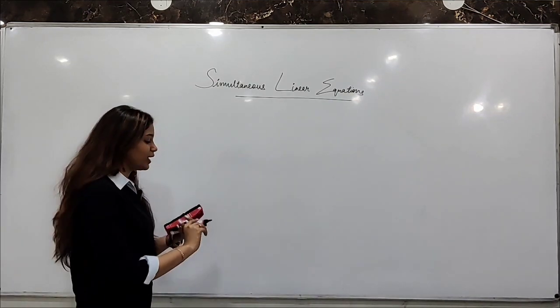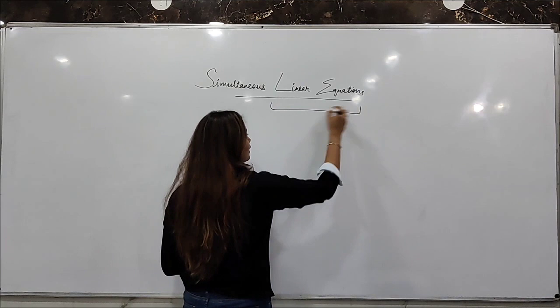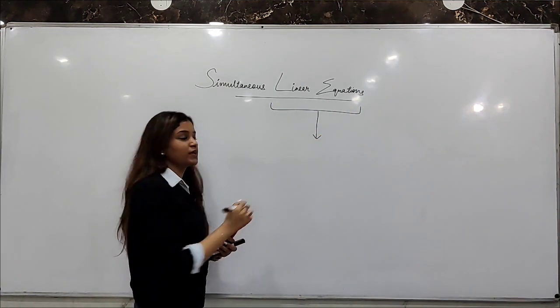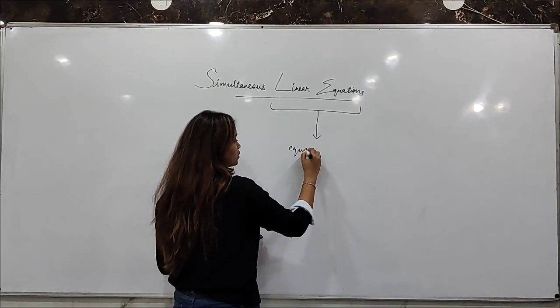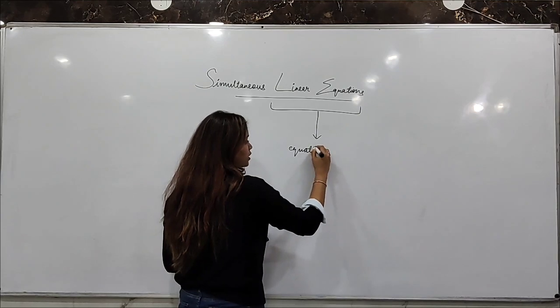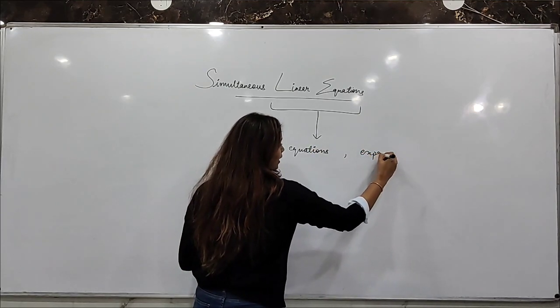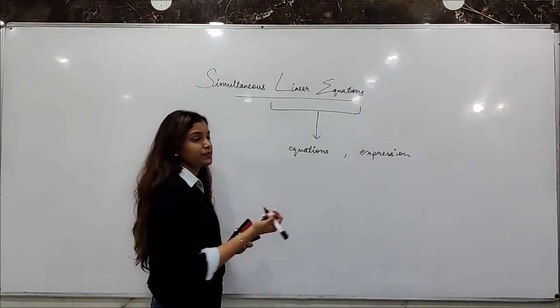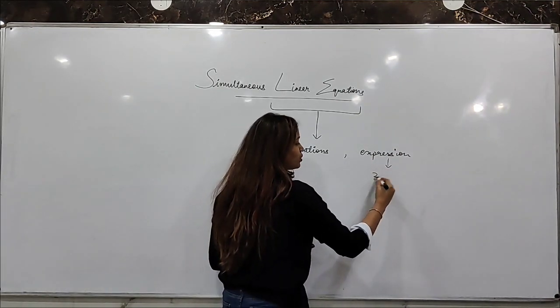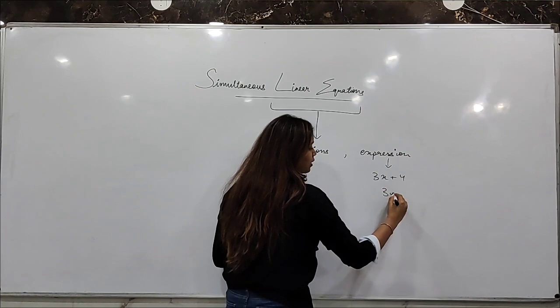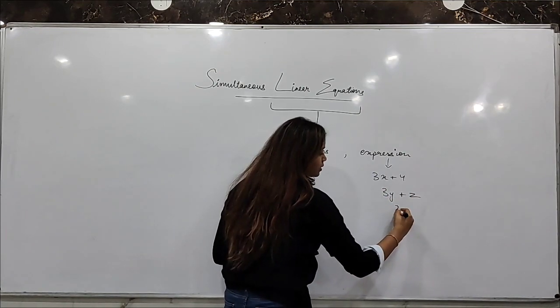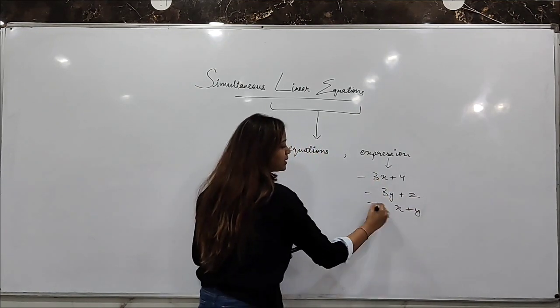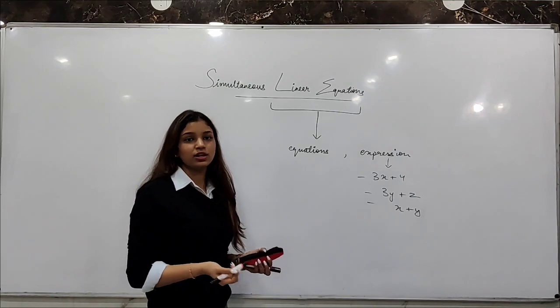Starting with what do we actually mean by linear equations? So हमने अभी तक दो वर्ड सुने हैं, एक है इक्वेशंस और एक है एक्सप्रेशन. इन दोनों में व्हाट इज द डिफरेंस? So expressions are normal algebraic expressions. If I write it like this, x plus y, these are three expressions.